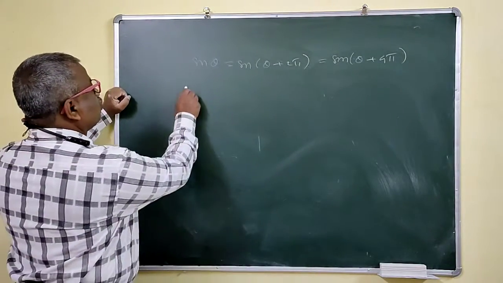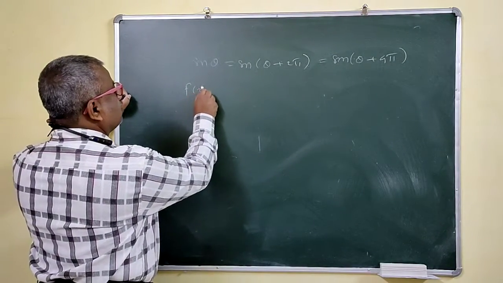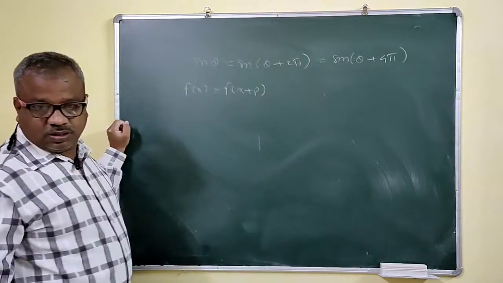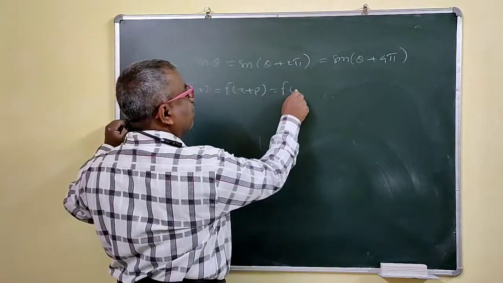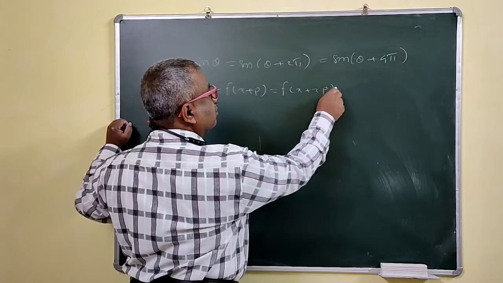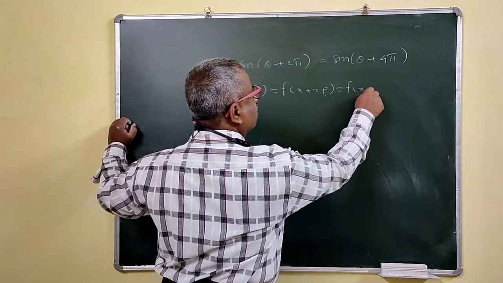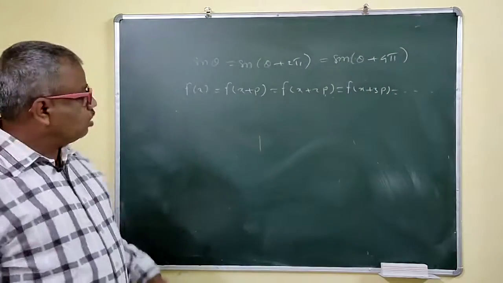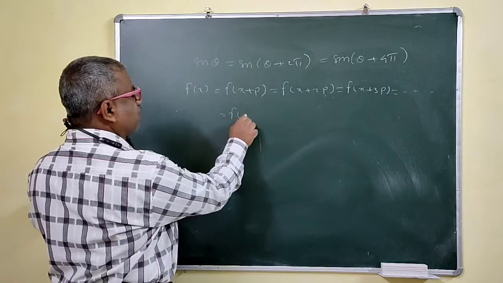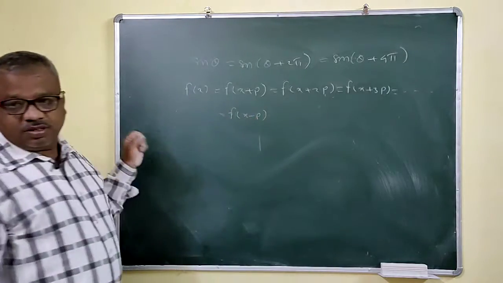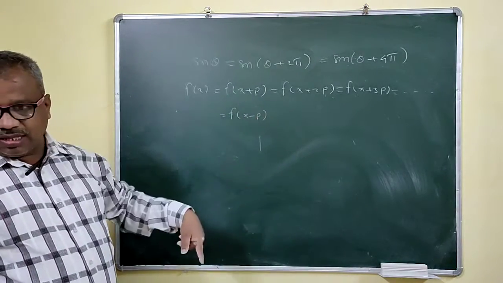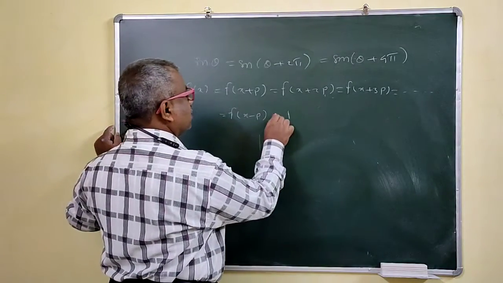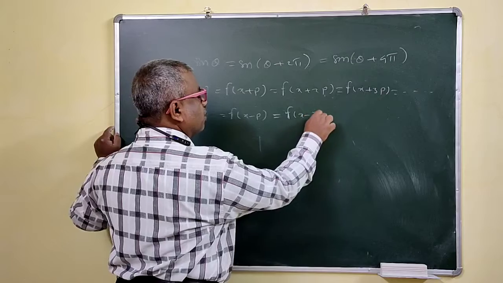That means what here? Suppose this is f of x. This is the same as f of x plus p, the same as f of x plus 2p, the same as f of x plus 3p, and so on. Now you may write here f of x minus p. It doesn't matter, because if your rotation is like this, then this is x minus p, the same as f of x minus 2p.